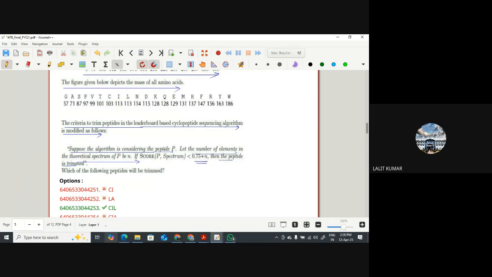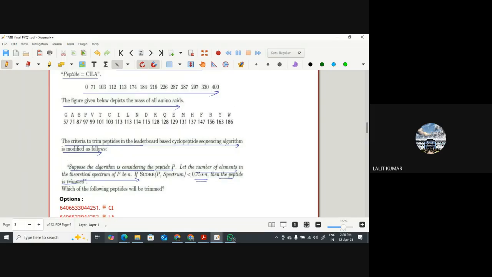We do first, for example, CI. So if CI is there, then it will have 0, C, I, and CI. Take the masses of this. So this will become 0, C is 103, I is 113, CI will become 216. Okay, and so your n becomes 4.